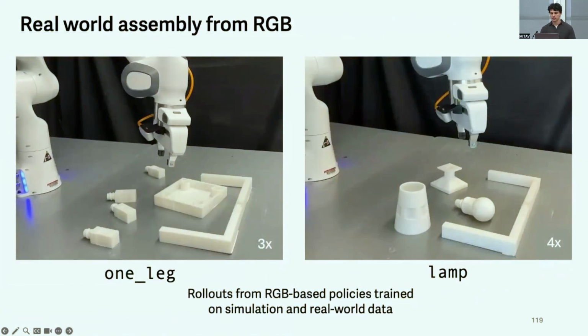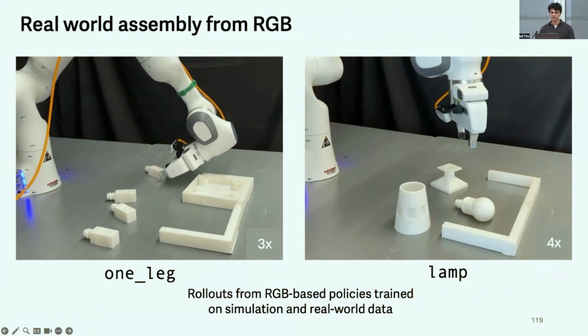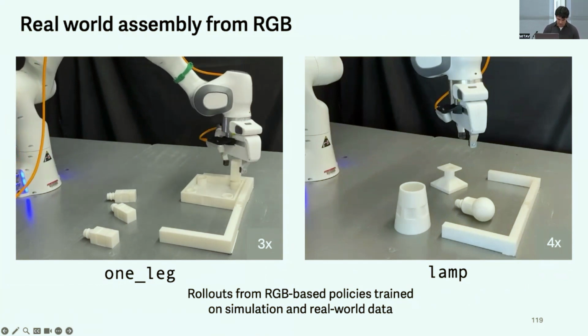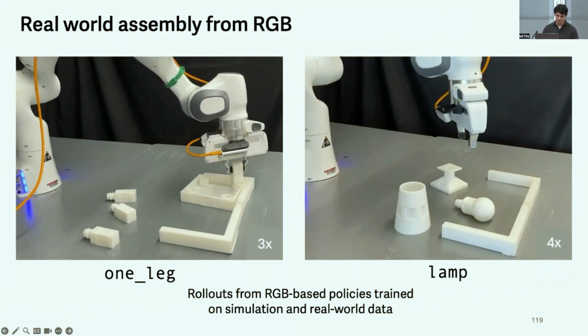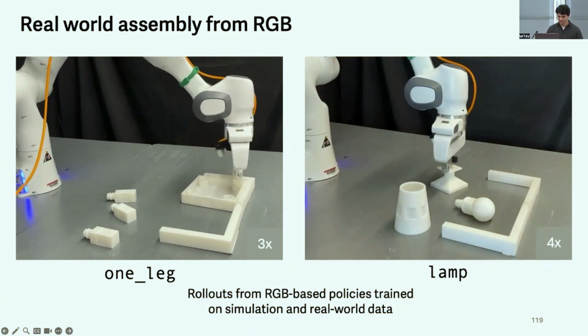And the main takeaway is that the pipeline, with many of the same components, but with a couple things swapped out and improved, can produce policies that can perform these various kinds of precise assembly tasks while operating directly from RGB images instead of point clouds. So here's a task of inserting this leg of a table into the hole of the table and then kind of screwing it into place.